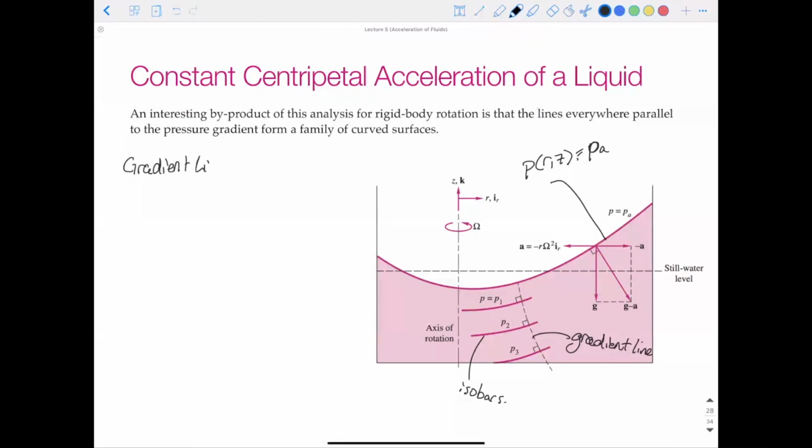So our gradient lines, GL for short, are always perpendicular to the constant pressure surfaces, or to the isobars.